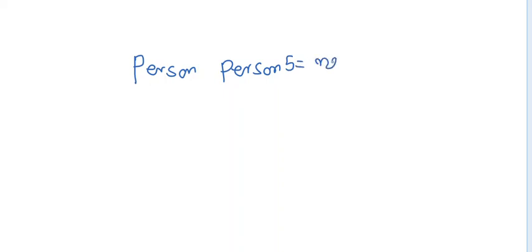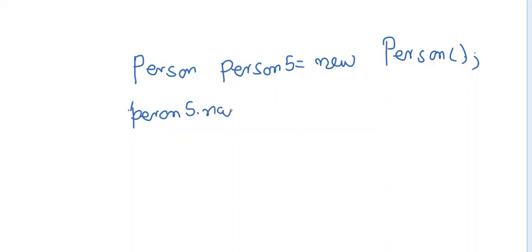Now let's say what I do is I make another person which I call person 5, and I make person 5 and I say this is a new person, so I did not give it any value in the beginning. I make an empty person, and then I say that person 5 dot name is equal to person 1 dot name.